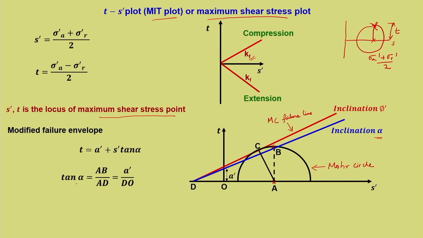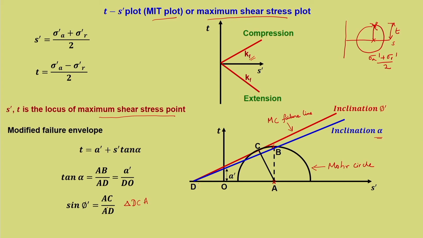That tan alpha can be written as AB by AD. Now, that is also equal to this smaller triangle, that is A dash by DO. So, these two triangles are what we have considered. Tan alpha is the slope that is needed for us. Now, sin phi dash, if you consider triangle DCA, AC by DA is sin phi dash.